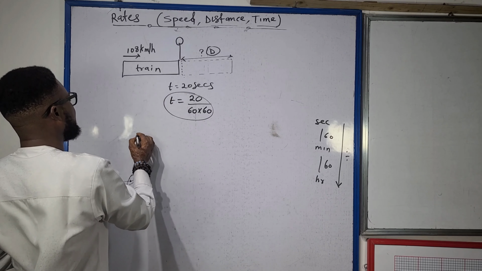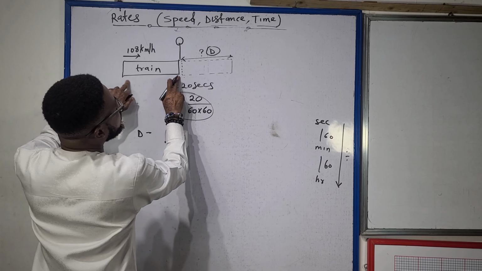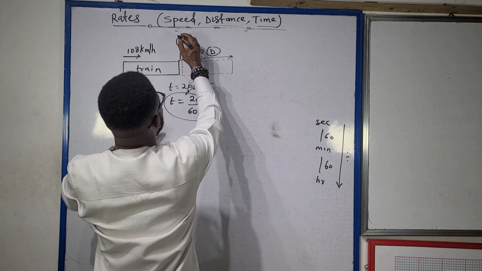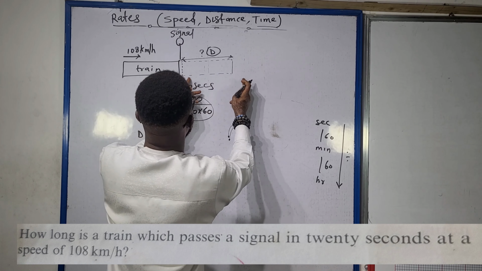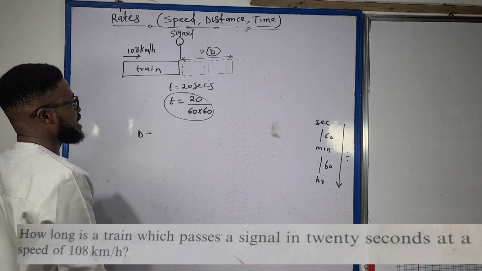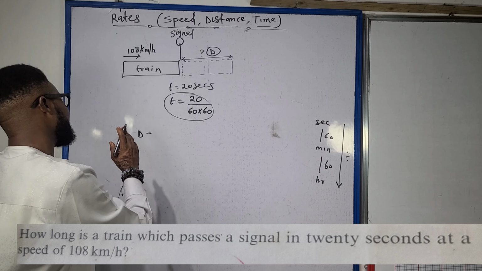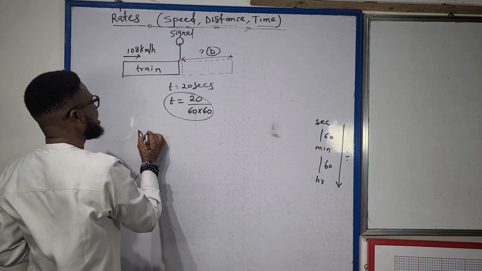So I'm going to see the distance of the train, that's for the train to move from here this way to pass the signal. This is my signal. So the train is moving its own distance, moving at the speed of 108 kilometers per hour. It was able to pass through that signal in 20 seconds. So how long is the train?